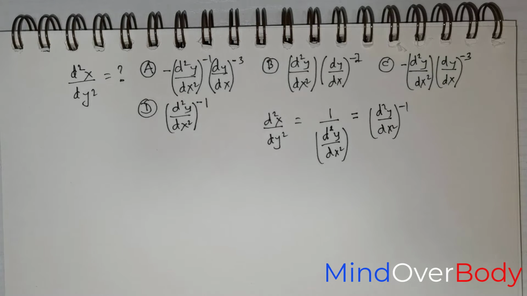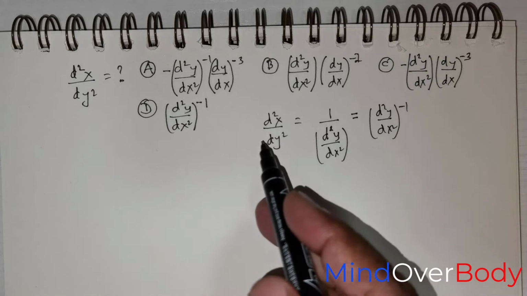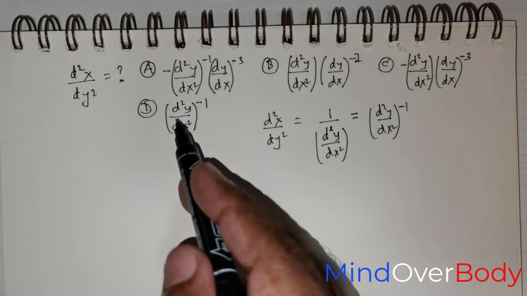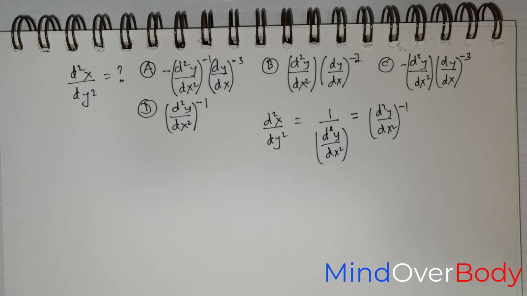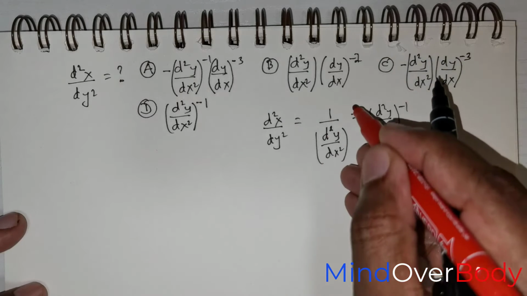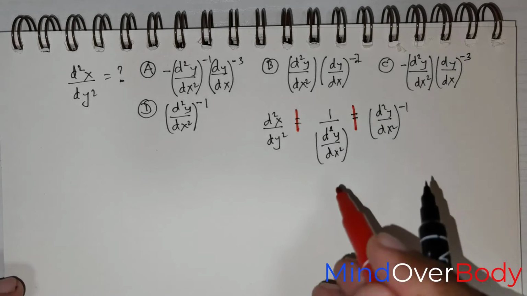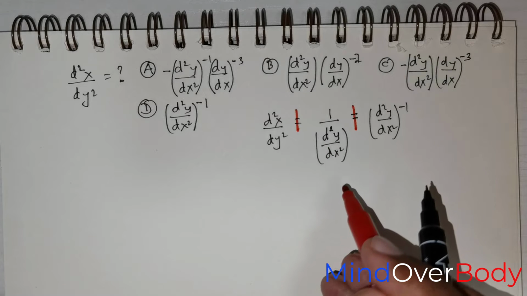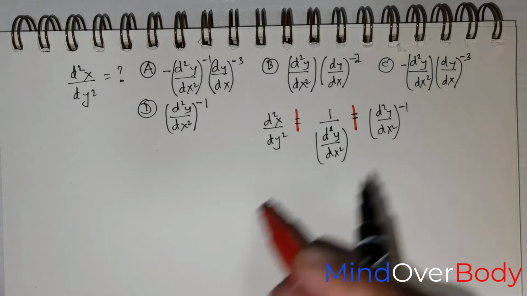They are telling you that d squared x over dy squared is nothing but d squared y over dx squared raised to the power of -1. Is it true? Of course it is not true, because we just did a study that d squared x over dy squared is not equal to 1 over d squared y over dx squared, or d squared y over dx squared raised to the power of -1.